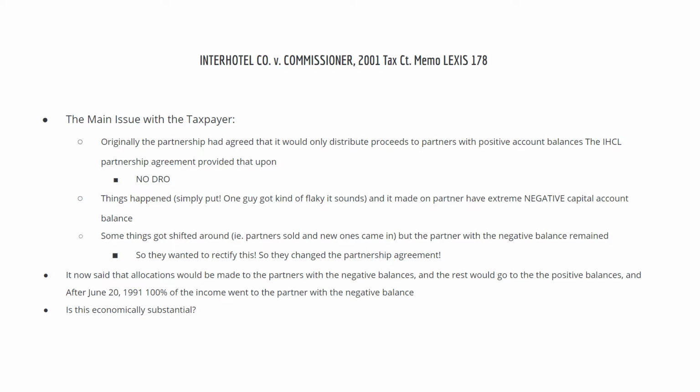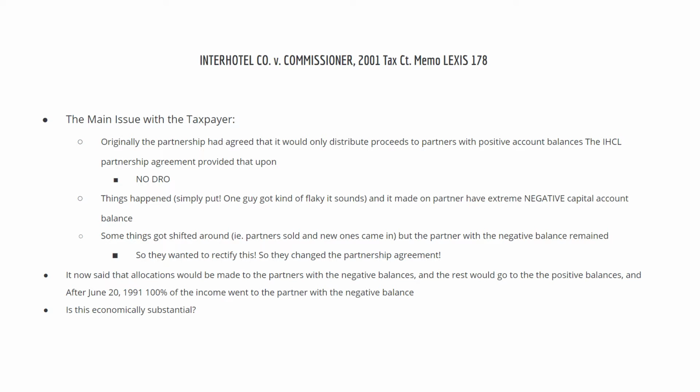So our court case is Interhotel versus Commissioner, and it's an appeal court case where originally the verdict was against Interhotel and said they were going to have to pay more taxes because of the way the IRS saw and comprehended their situation. So what is their situation?